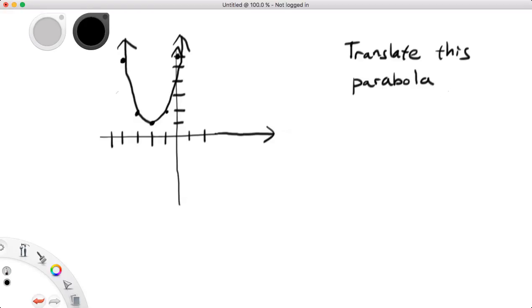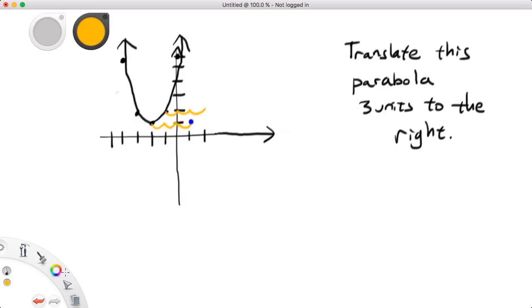So then, let's say that we had something like a parabola. And this time I'm going to do my units to start out with. Let's say that we had a little parabola, and let's say that my parabola started here.